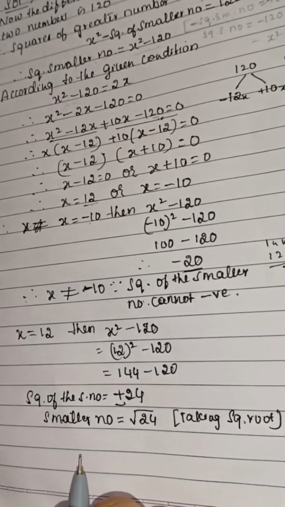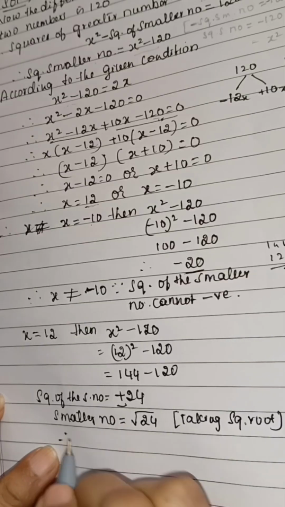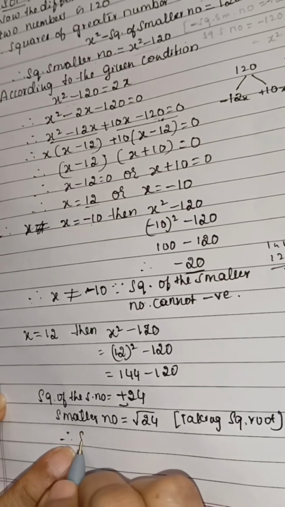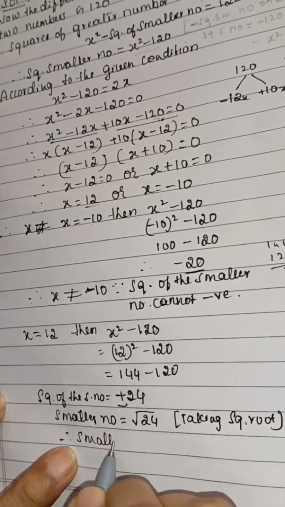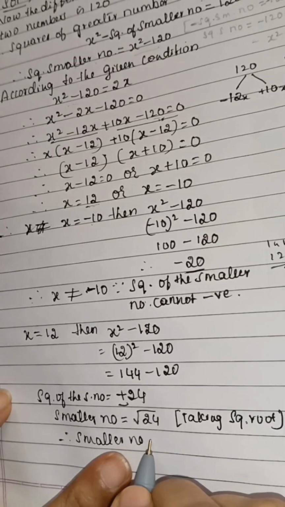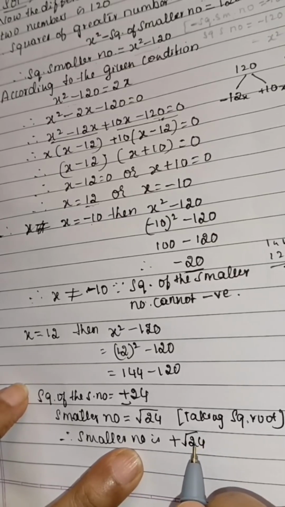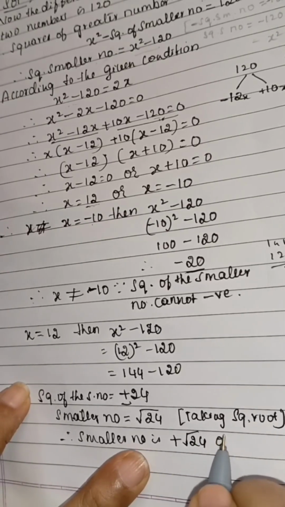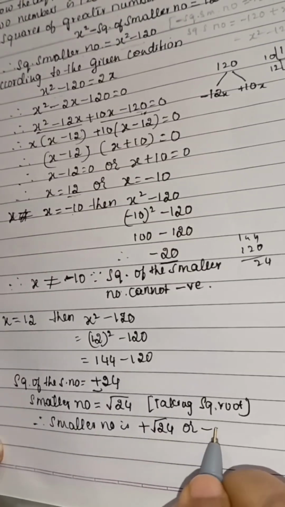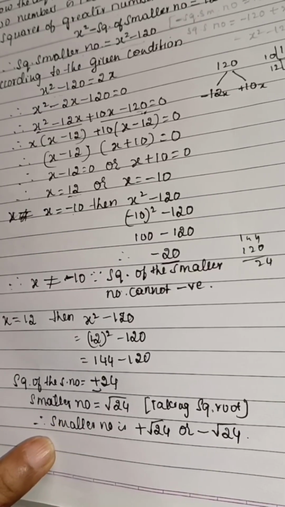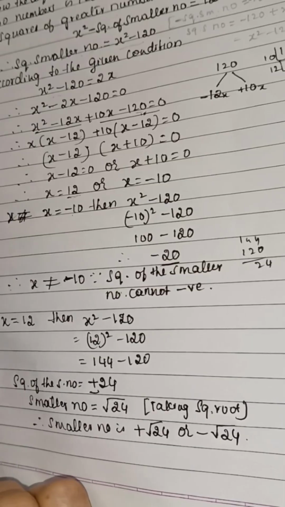Okay, taking the square root. Therefore, the smaller number is one is plus root 24 or minus root 24.